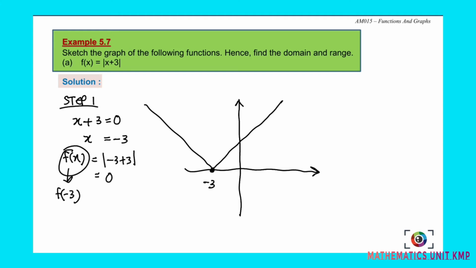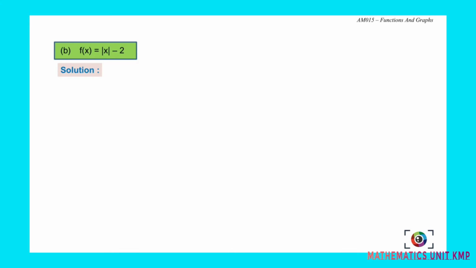Okay, jadi di situ you can determine the domain is negative infinity until infinity. And for range, careful, range is at the y value, dari bawah ke atas. Jadi start from 0 to infinity. Do you understand?